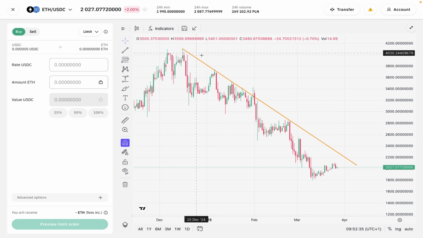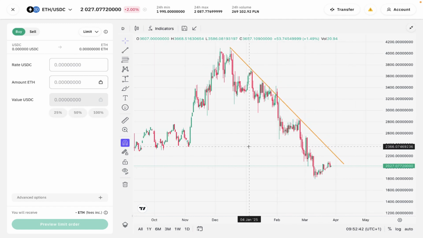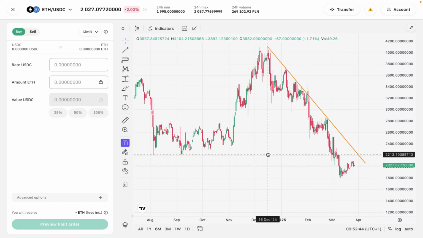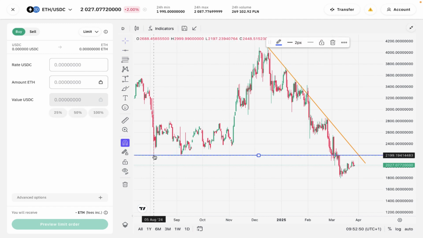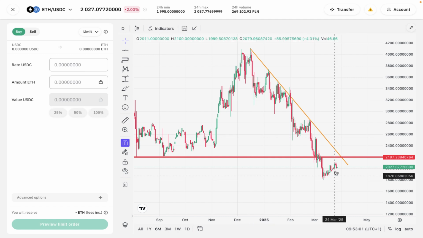The second clue is that the market stays below the trend line here, and as long as the market stays below the trend line, the outlook remains bearish. Now the third clue saying that the downtrend will be continued is the very important technical resistance at 2197 that has not been violated just yet. As long as we stay below this level, the outlook remains bearish.